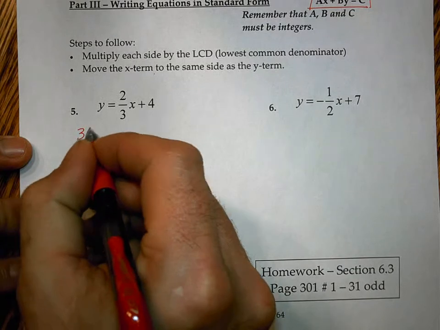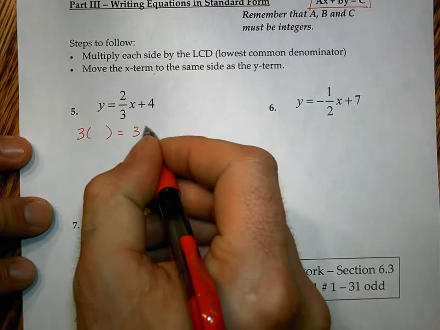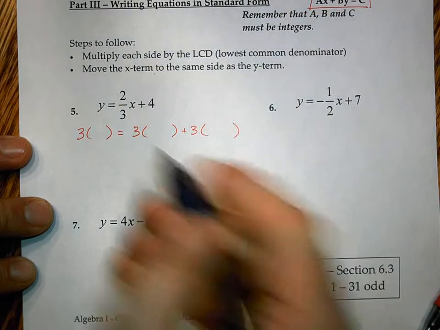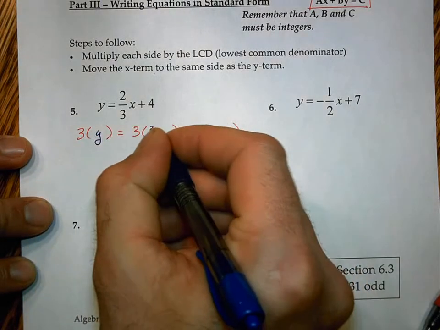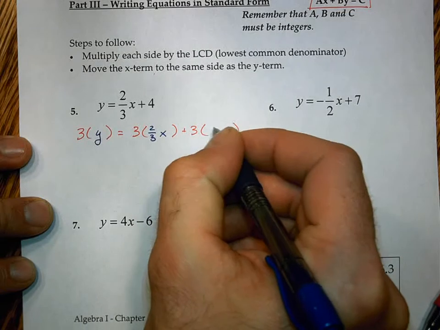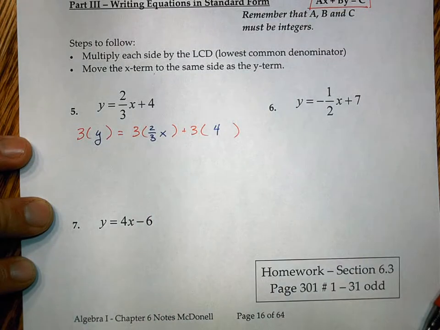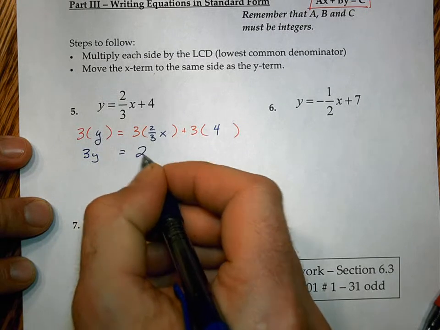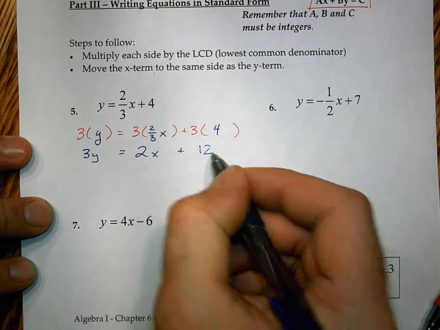So I'm going to multiply each of my parts of my equation by 3. So I've written a 3 outside of each one. I have y, 2/3 x, and 4. That gives me 3y, the 3's here cancel, 2x, and 12.